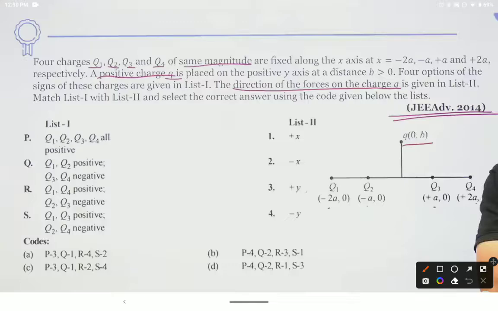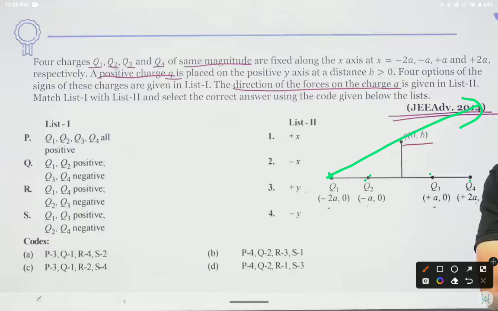Now watch Q1, Q2, Q3, Q4, everything is positive. That means, due to repulsive forces, Q1 and Q are of the same magnitude, and both are positive charges, so they will be repelled. So the force of repulsion will be in this direction.